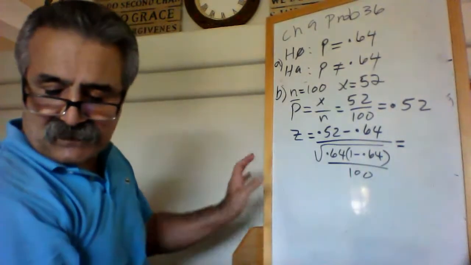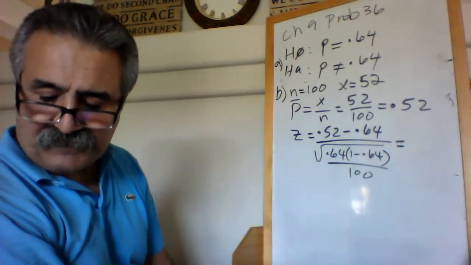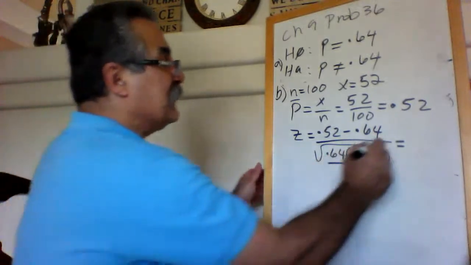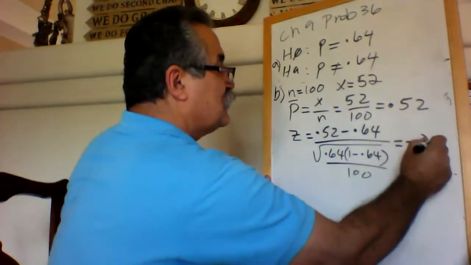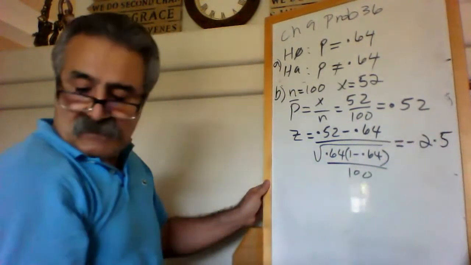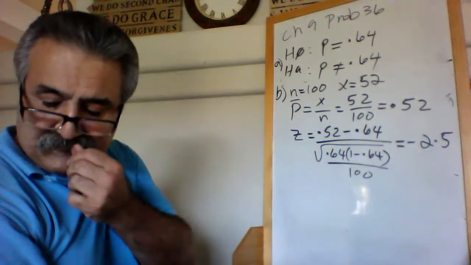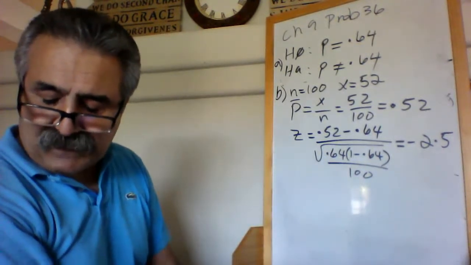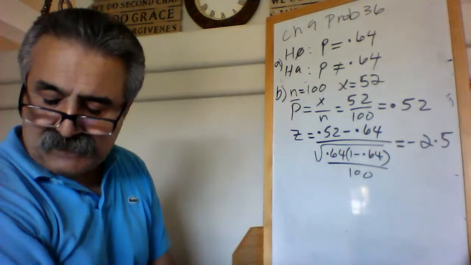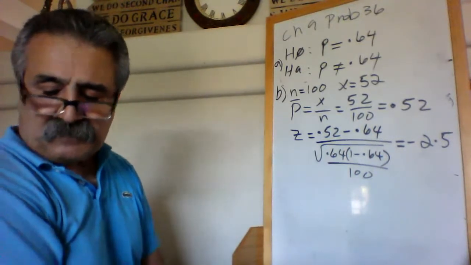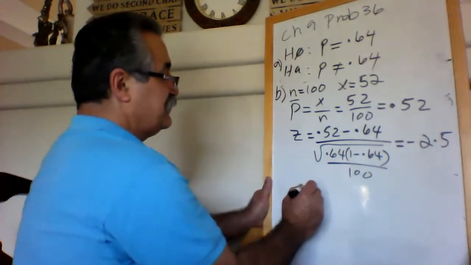So z comes out to be negative 2.5. We have to find a p-value. Just go to the table. For negative 2.5, the area is 0.0062.